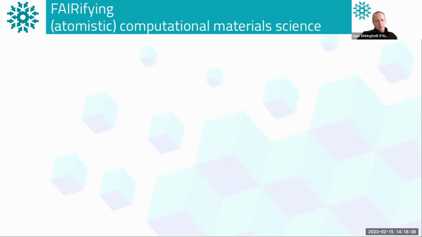Now I want to give the flavor a little bit of how we intend the mapping into metadata of computational material science data. So I changed the color of the logo because now I am focused on the computational part of FAIRmat.